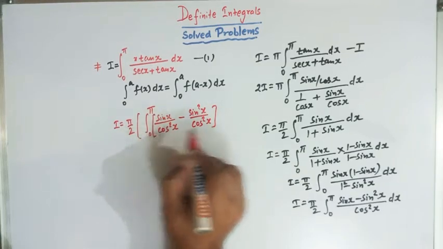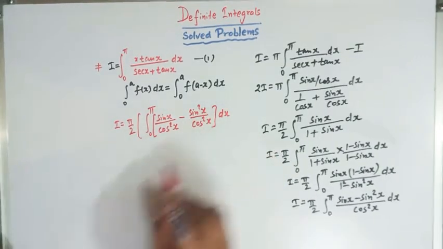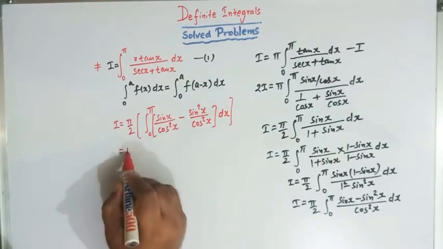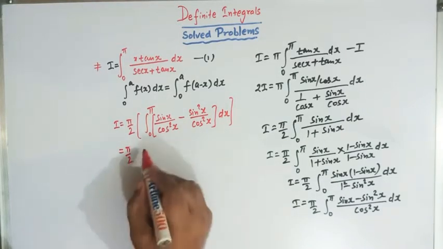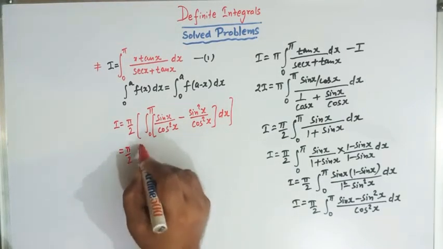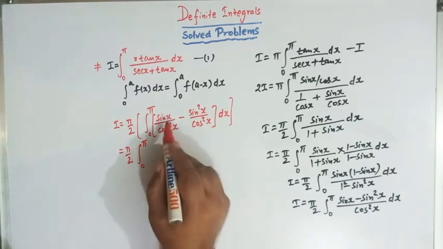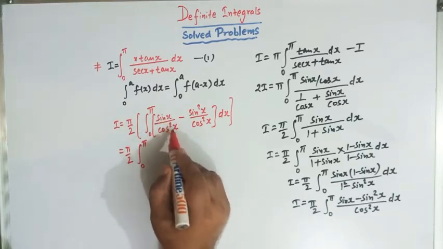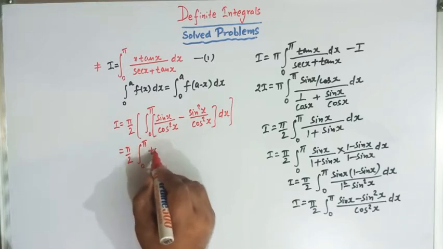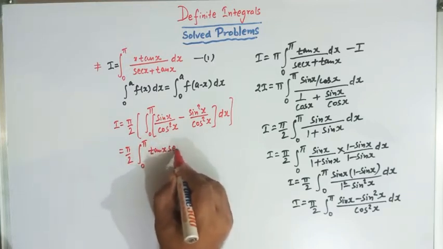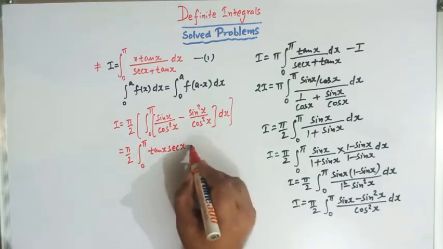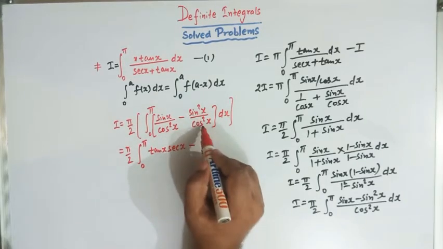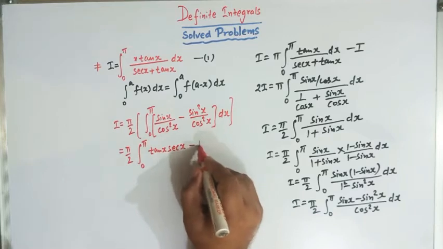Now sin x over cos square x is tan x sec x, and sin square x divided by cos square x is tan square x.